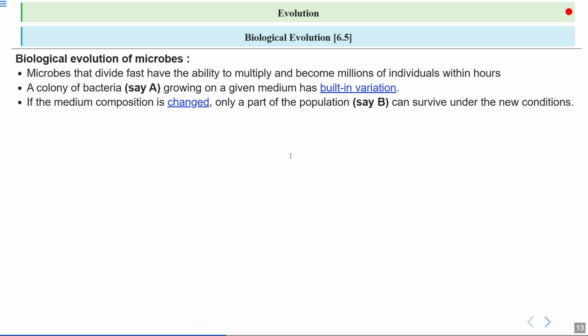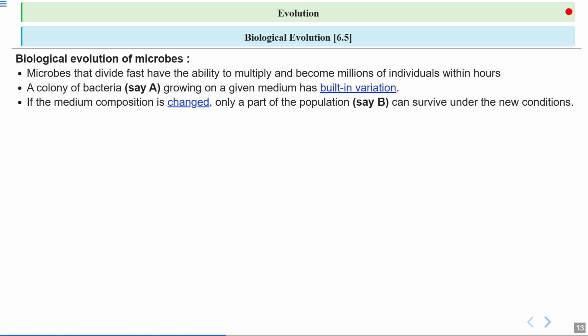We changed the composition of the medium. So the bacteria which had this variation were able to survive, maybe because they were able to better metabolize the changed medium.